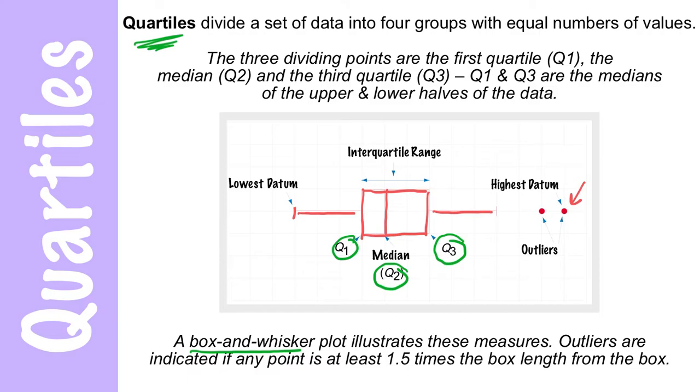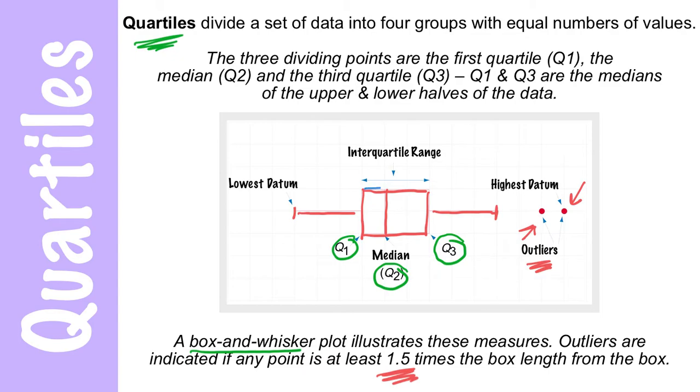What we have here is an example with outliers, and when you have outliers, you leave them indicated above or below the rest of the data, and then adjust the upper whisker or the lower whisker depending on the data that you have. There is a convention that we like to use: outliers are indicated if any point is at least 1.5 times the box length from the box.